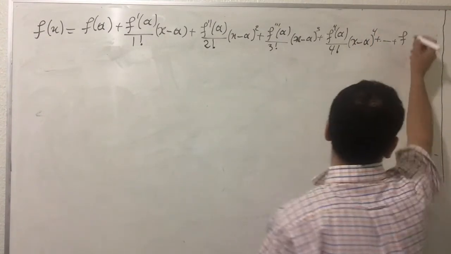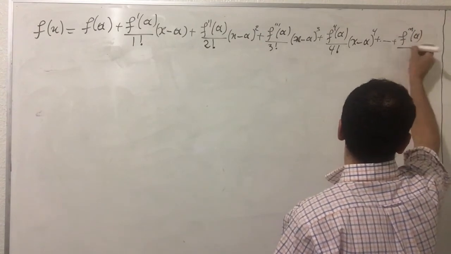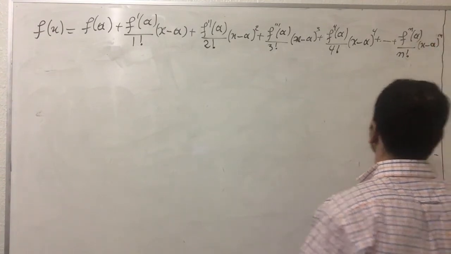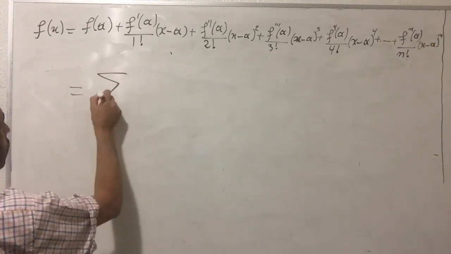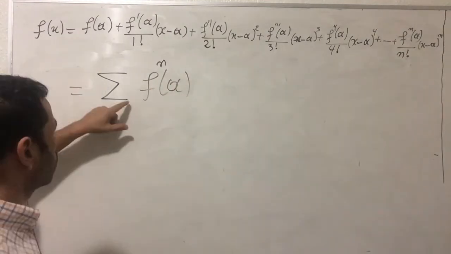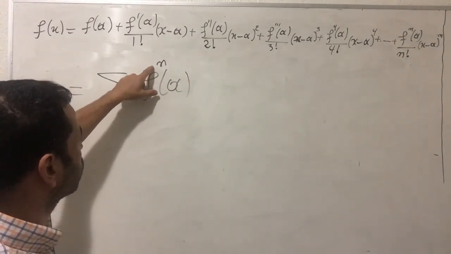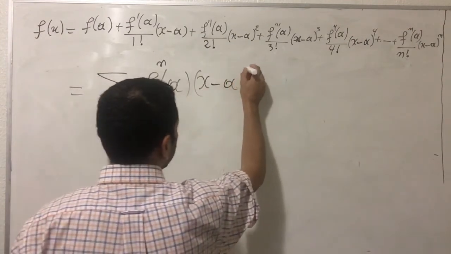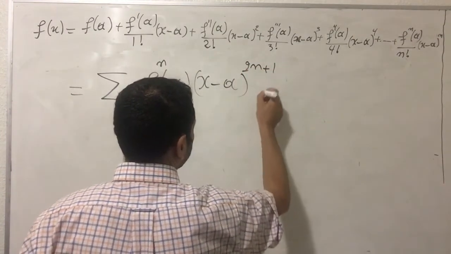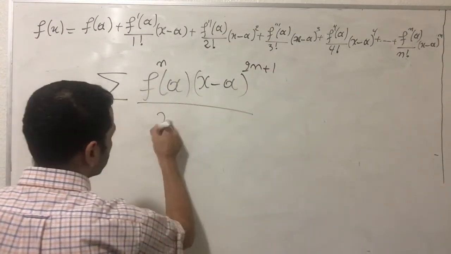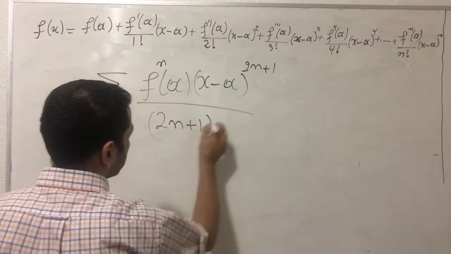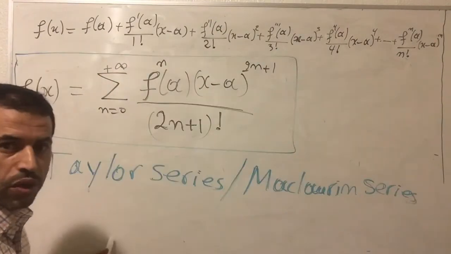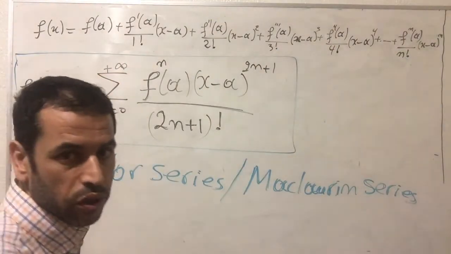The n-th derivative of this function at the point a over n factorial multiplied by x minus a to the n, okay? Equal to the sum of the n-th derivative of the function f at the point a multiplied by x minus a to the n over n factorial as n goes from 0 to plus infinity, okay. This one is called Taylor series or Maclaurin series, okay.